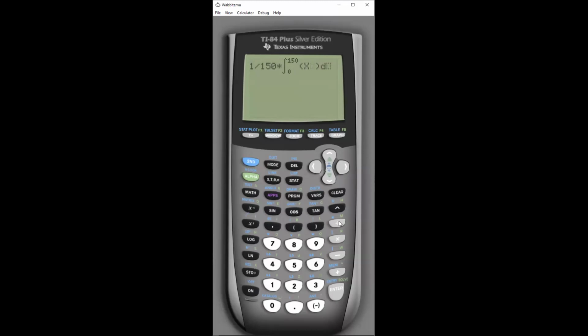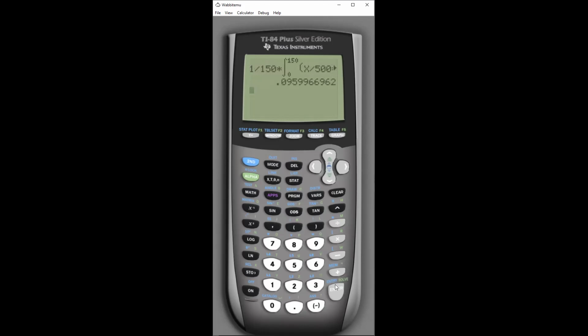We did divide by 150, so this should give us the average value.